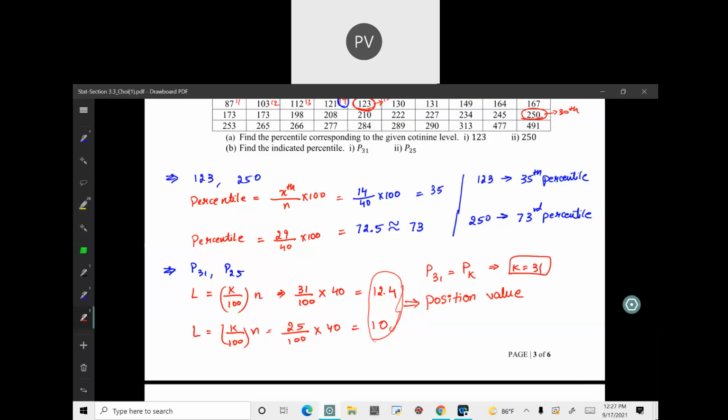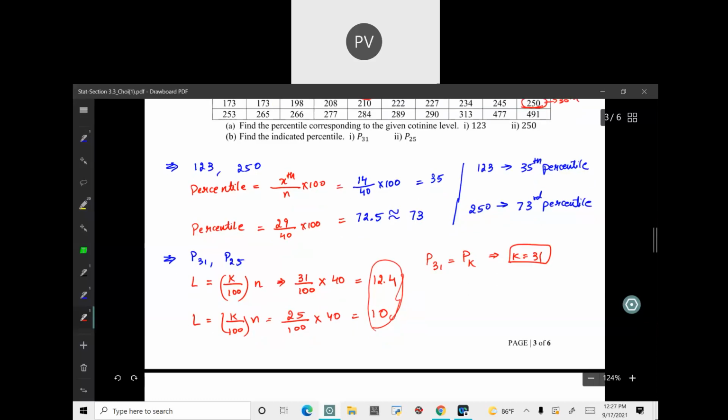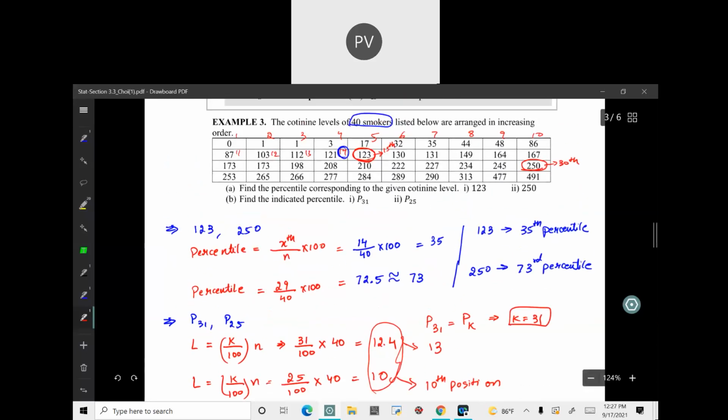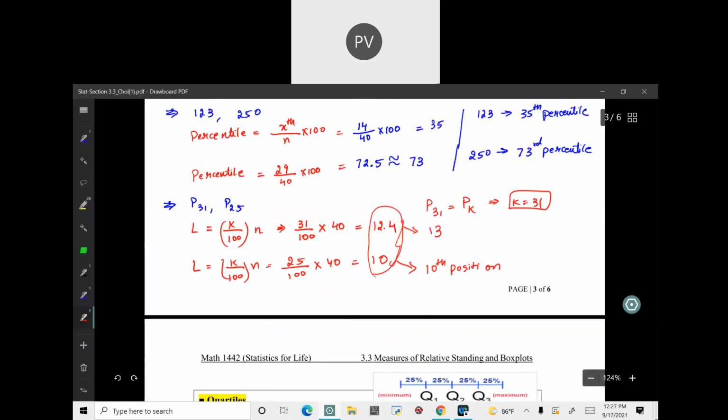Now this position is nothing but 12.4. Round it off to the nearest whole number. That would be 13. Now this is already a whole number, so I'll keep it as 10th position. Thirteenth position. Okay.